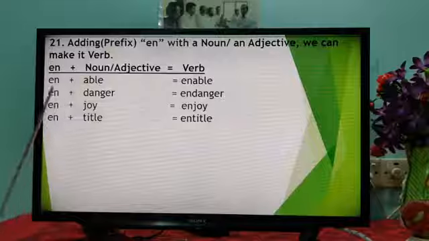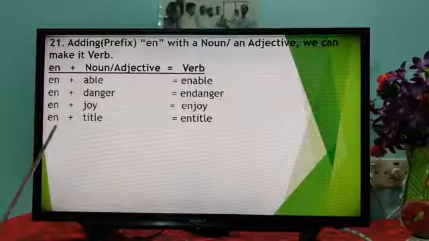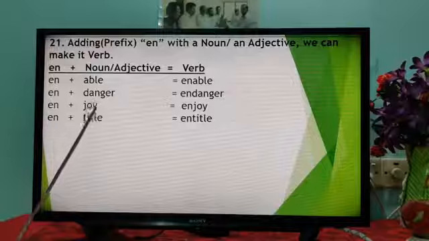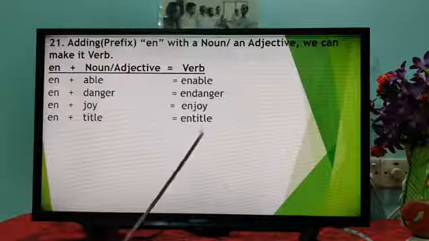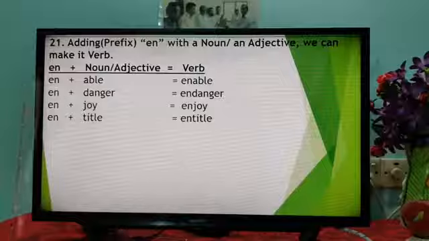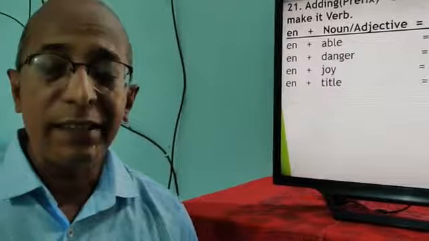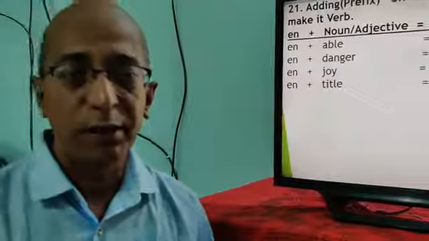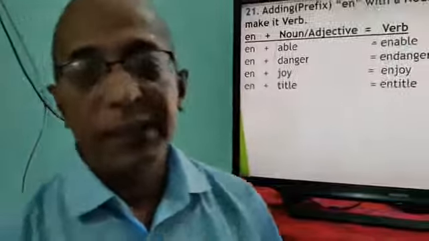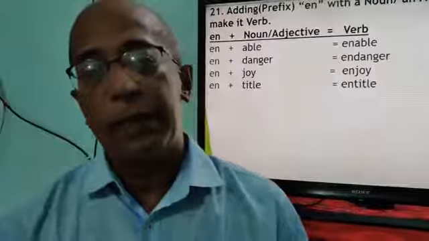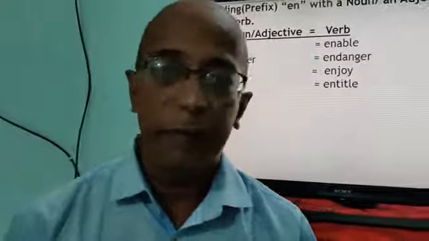The prefix en is added before a noun or adjective to form a verb. Okay? En is used to form a verb, be is used to form a verb, but dis is used to form an opposite word.